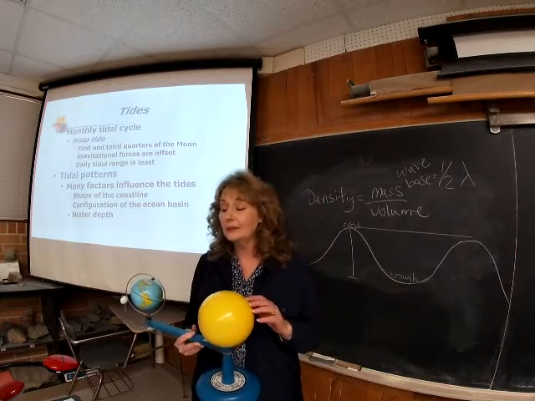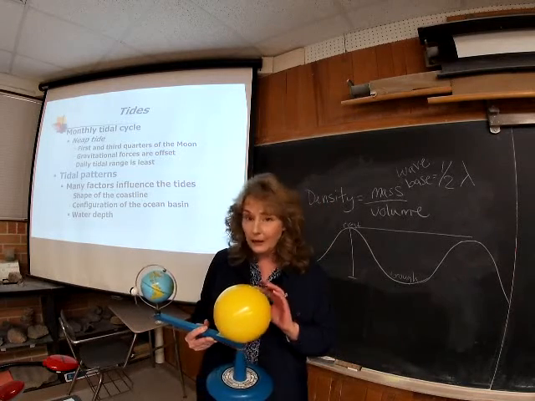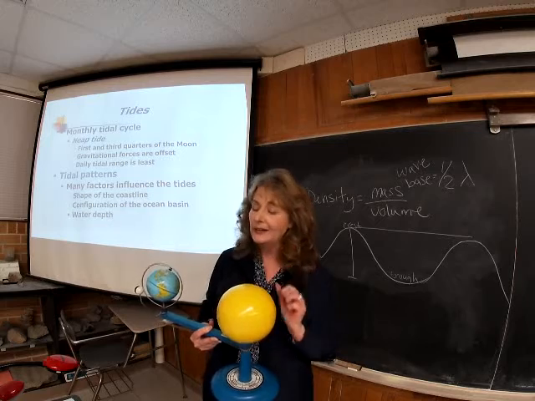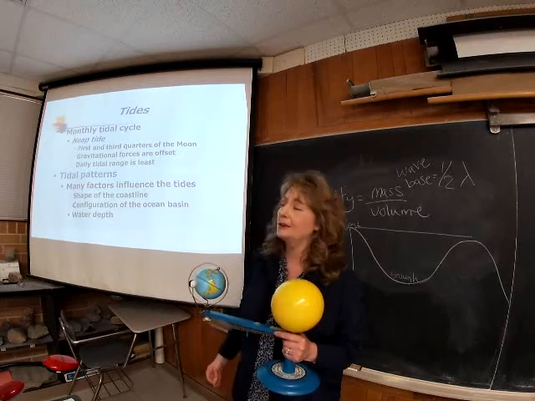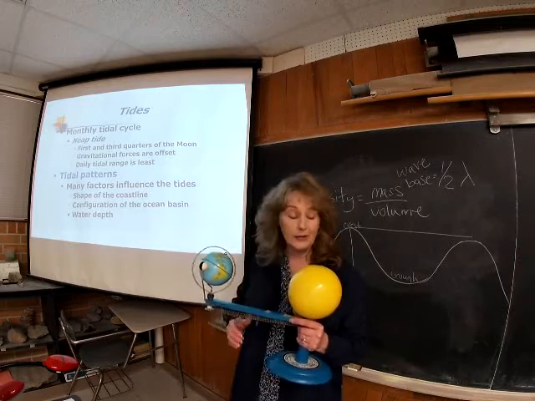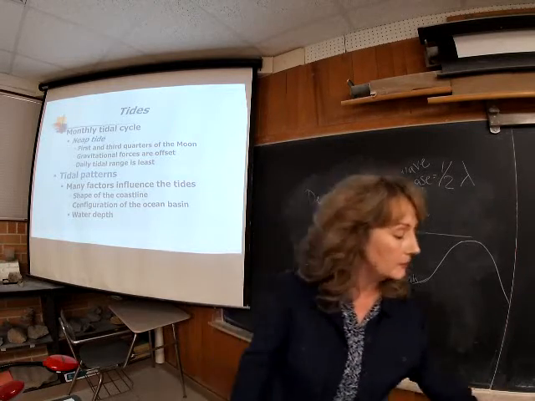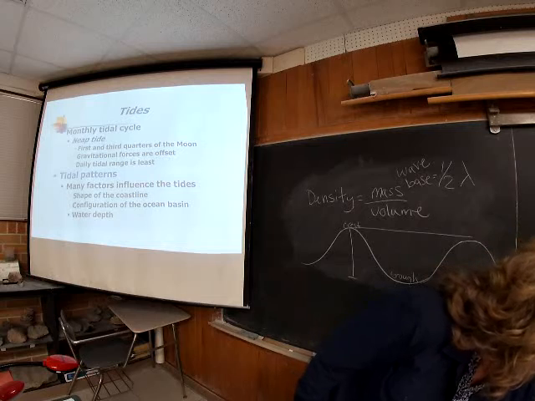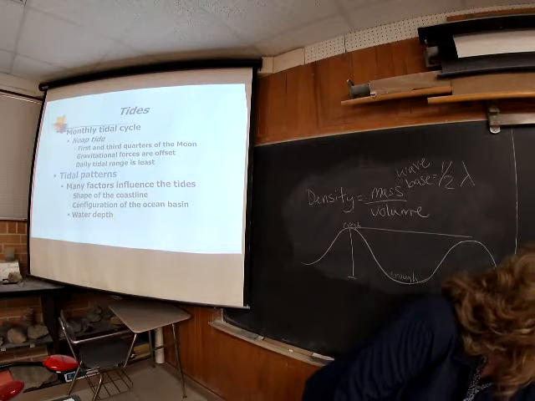So you get a little bit higher lows and a little bit lower highs, right? So a least tidal range with a neap tide, okay? So there's our little orientation geometry of the moon, sun, and the earth patterns in there.